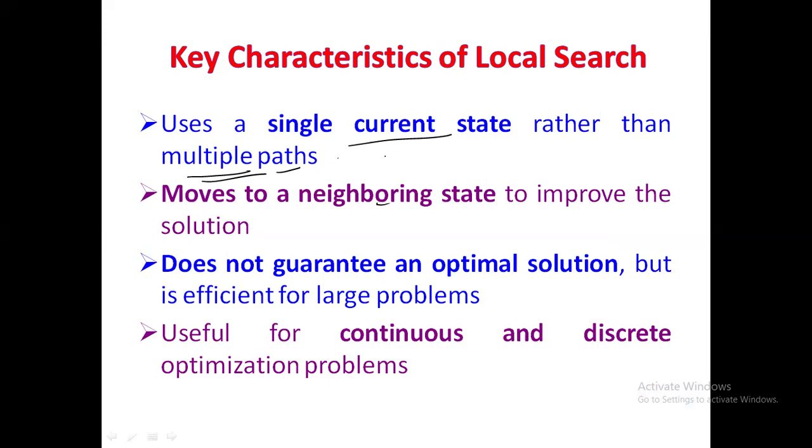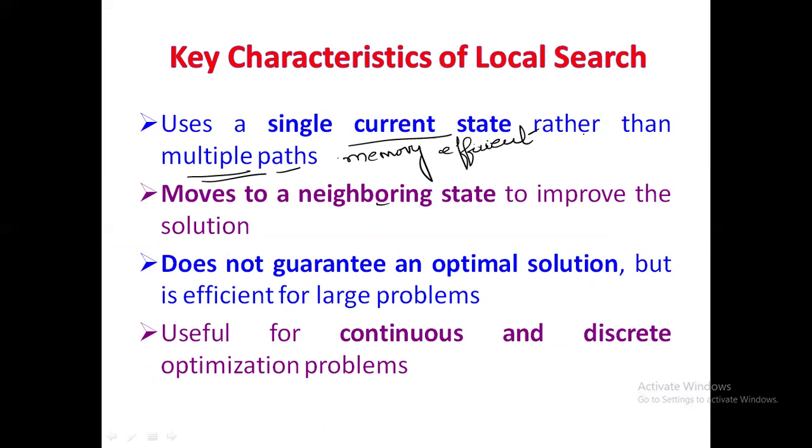So what is the advantage of going for a single state? It safeguards the memory. So this approach makes them memory efficient and well suited for problems with large state spaces.